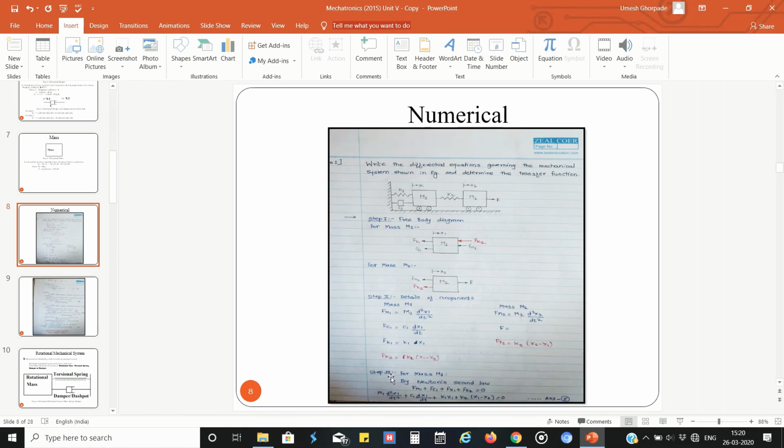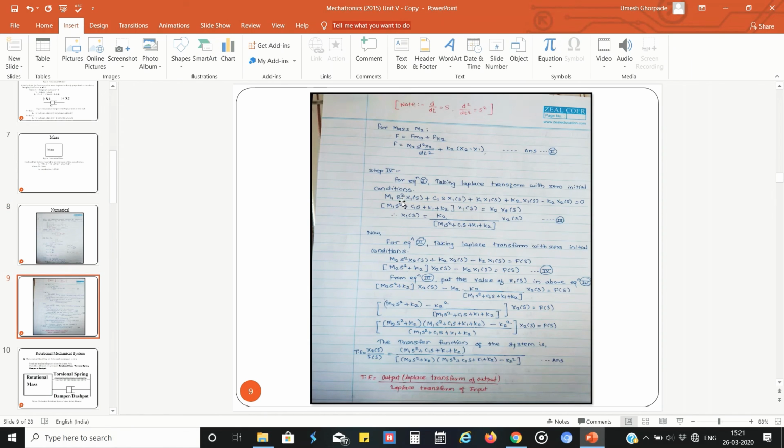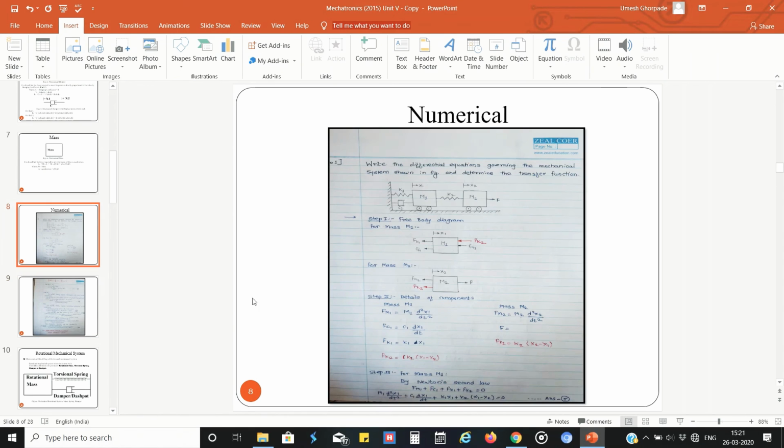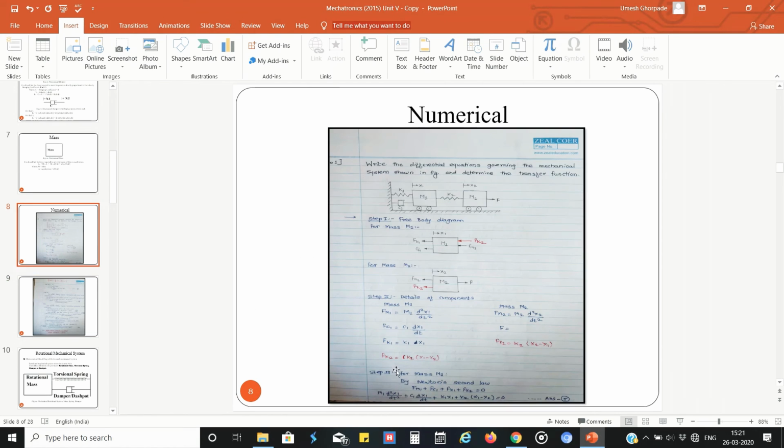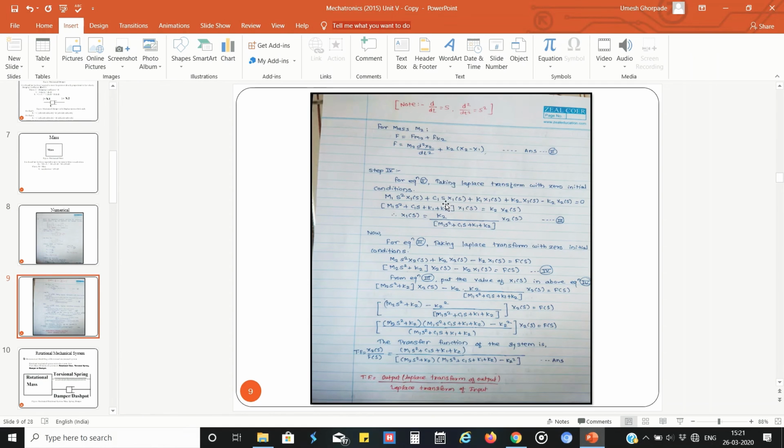So this is the first equation: m1 s square X1(s) plus c1 s X1(s) plus k1 X1(s) plus k2 X1(s) minus k2 X2(s) is equal to 0.